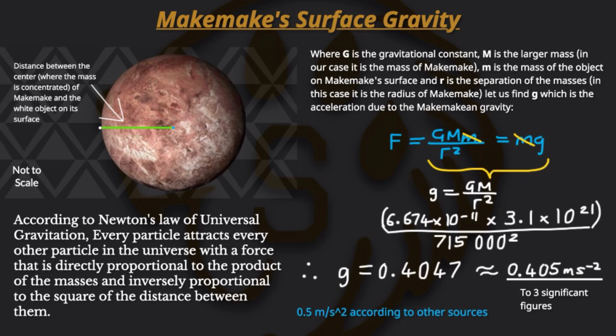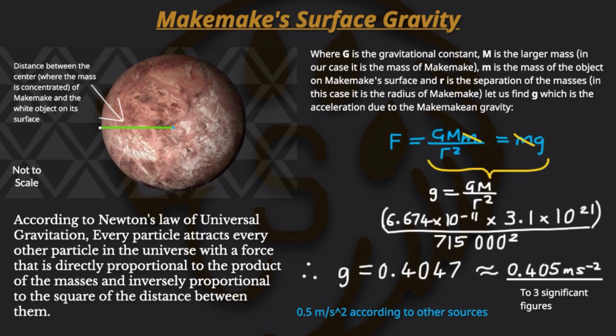And that will be equal to mg, because force is equal to mass times acceleration, which is Newton's second law: force is proportional to the acceleration of a mass. So F is equal to ma, but in this case the white object is experiencing gravity. That's why we're putting g.